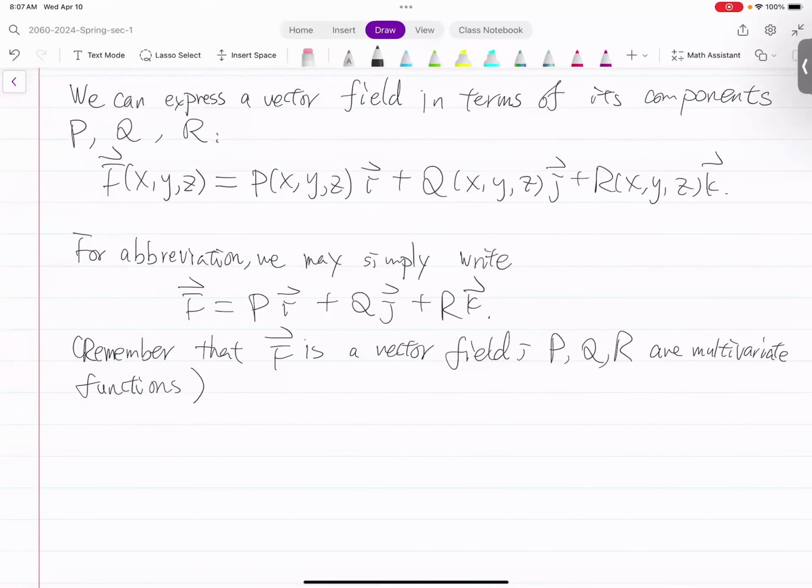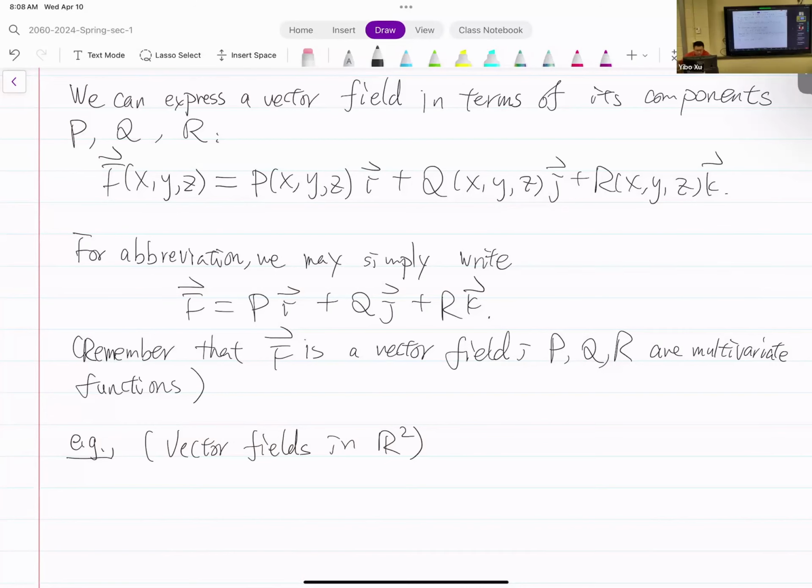Now, examples. Let's look at an illustration of a vector field. So you can see definitely this illustration is getting more and more complicated.